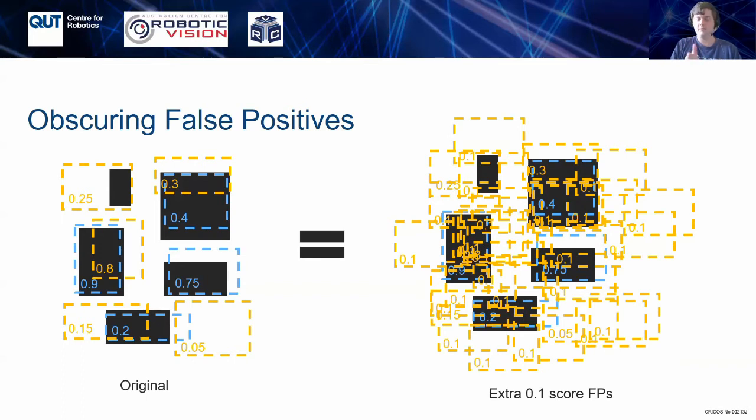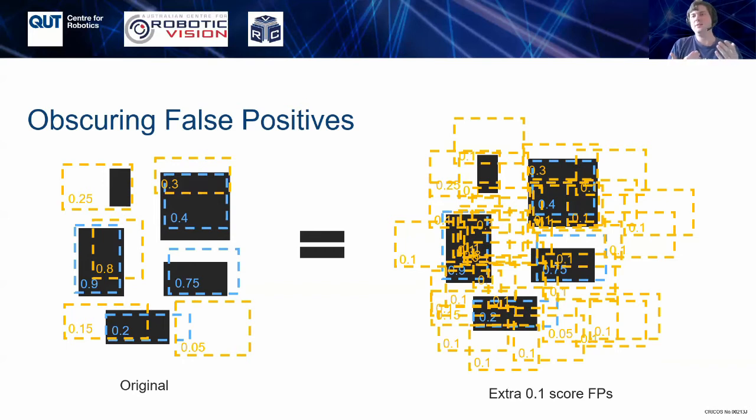Once we have found our maximum level of recall, all subsequent false positive detections that have lower confidence than that last level of recall confidence are going to be simply ignored in evaluation.